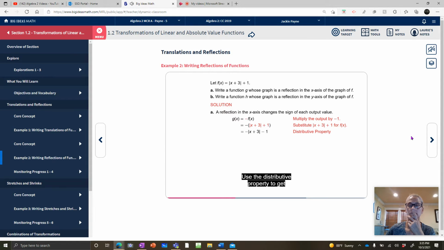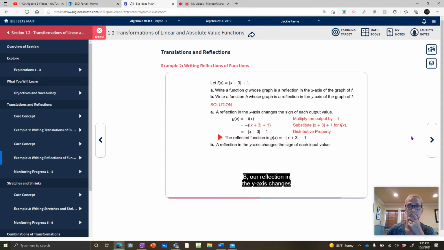Use the distributive property to get negative of the absolute value of quantity x plus 3, minus 1. So the reflected function is g of x equals negative of the absolute value of quantity x plus 3, minus 1.